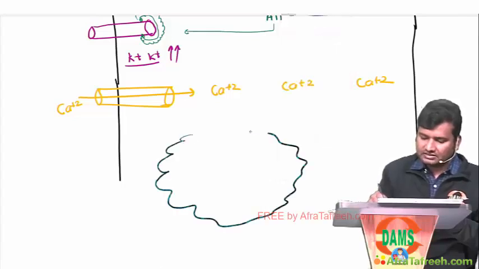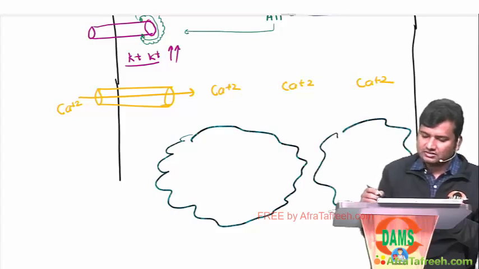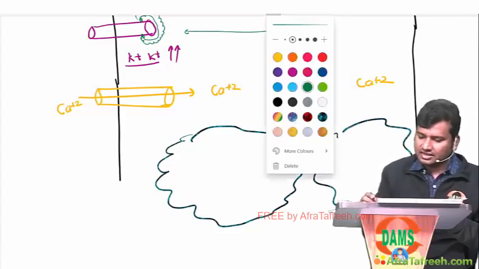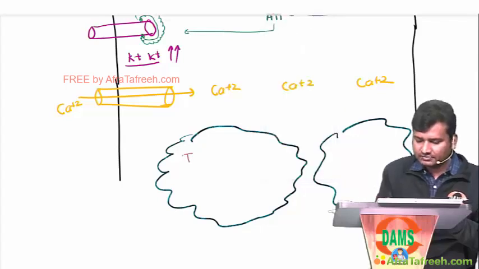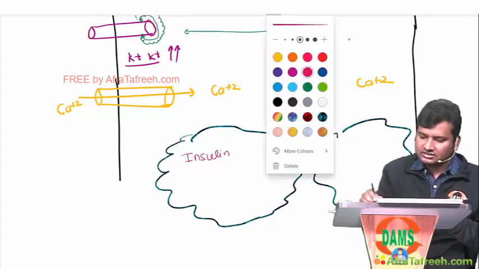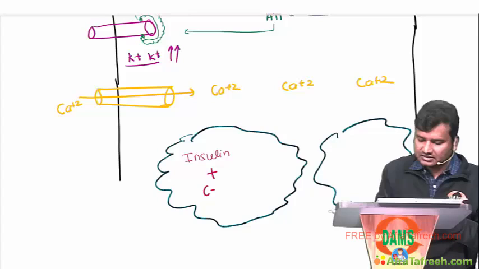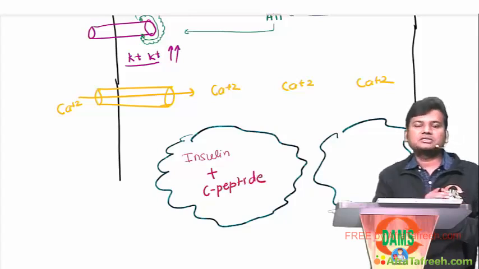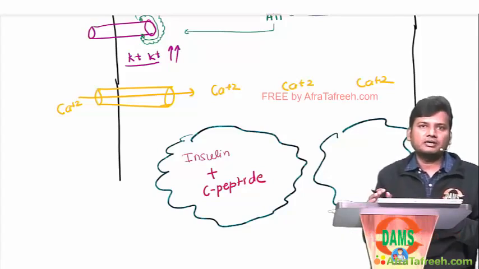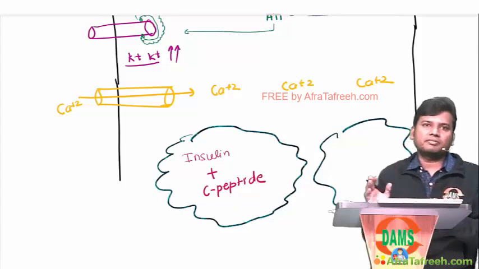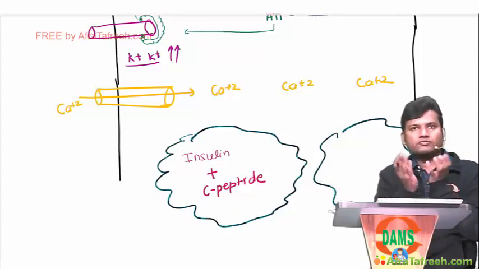Our beta cells have a lot of vesicles, and these vesicles are storing insulin. Whenever insulin is synthesized in our body, it is synthesized with C-peptide. Actually, C-peptide is a part of the precursor of insulin. During synthesis of insulin, C-peptide is separated from the insulin, but it is stored with insulin.